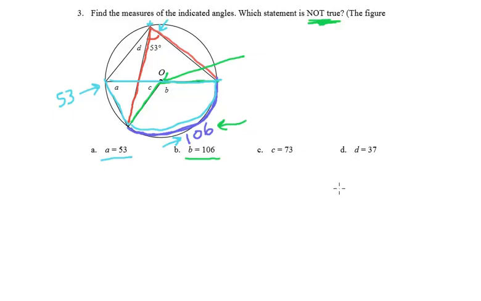So let's go to D. D says 37. Well, we have this theorem that tells us that this angle here is going to be a right angle, which is 90 degrees.